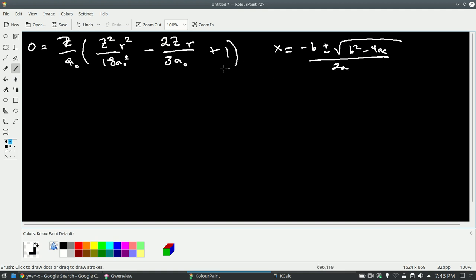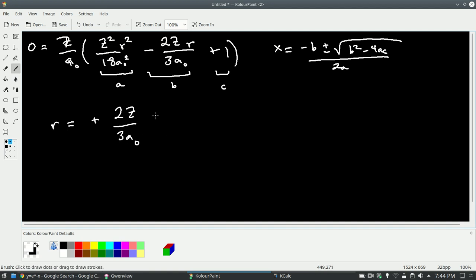Okay, so I'm gonna do this quadratic formula where this guy right here, not the r squared, but the rest of it, that is the a, and this is the b, and this is the c. All right. So the r is going to be equal to the negative b. So that's going to be positive 2z over 3a naught.